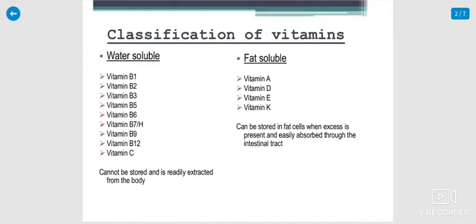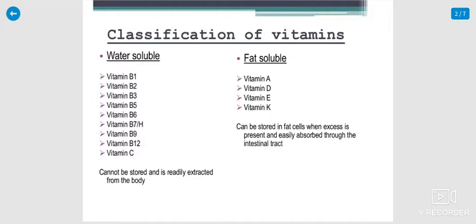First of all, we discuss the water soluble vitamins. They are classified as vitamin B1, vitamin B2, vitamin B3, vitamin B5, vitamin B6, vitamin B7, nowadays called vitamin H, vitamin B9, B12 and vitamin C also.